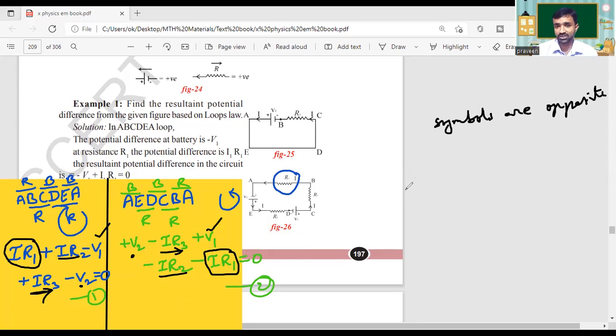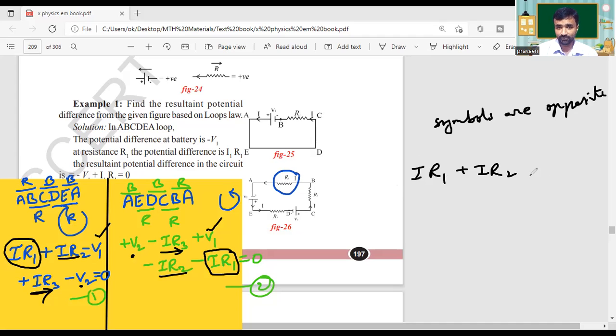If you transpose this equation from LHS to RHS, all the symbols of the components will be taken to be opposite. For example, here IR1 is there. On the opposite side it will become plus. Then next IR2, left side minus, right side plus IR2.